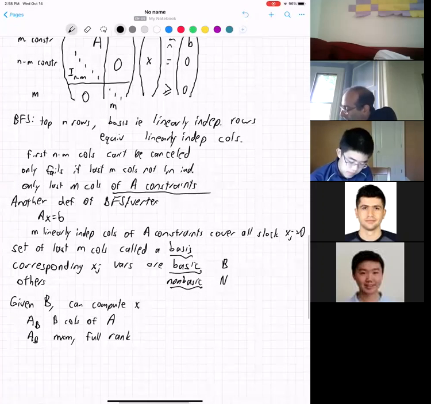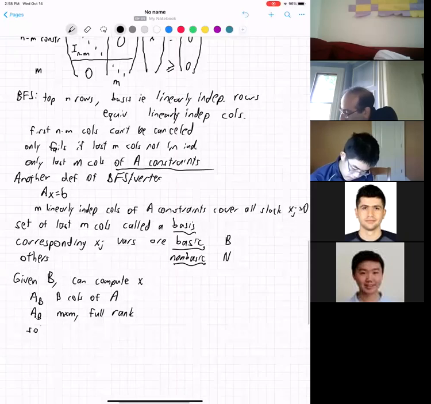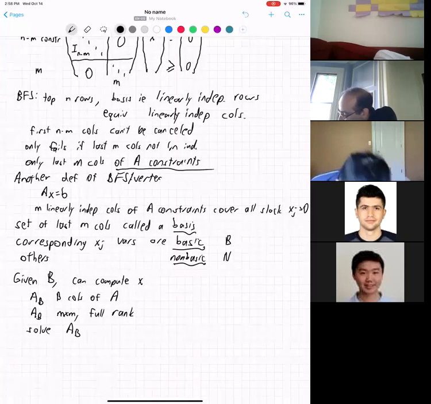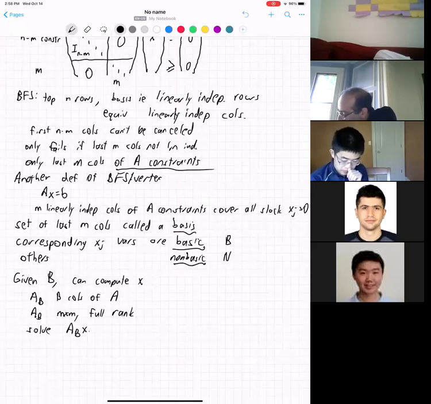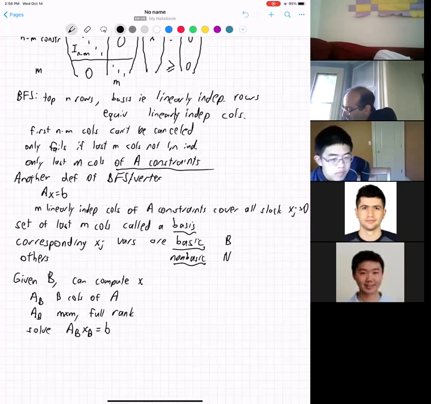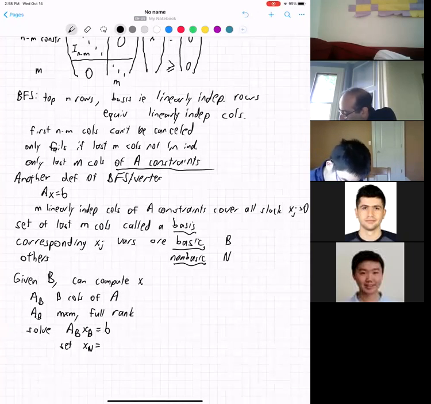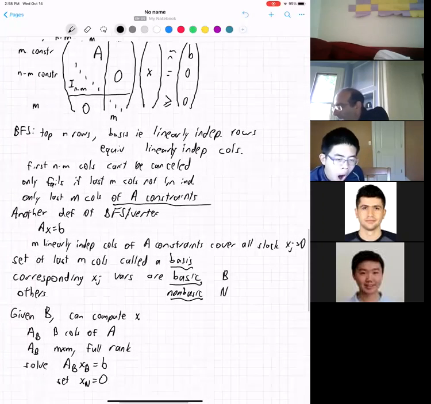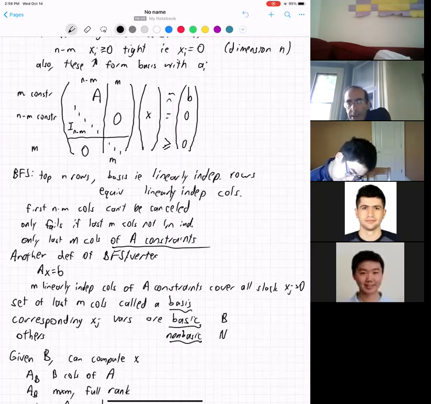So that means it's invertible, and I can solve the linear system that says A_B times the x_B variables, remember that x_B is m variables, so the dimensions match up, is equal to b. And I'm also going to set the other variables x_N equal to 0 because they're non-basic, they're tight. I know those constraints are tight at the basis.